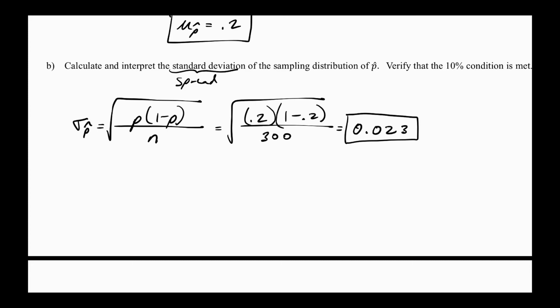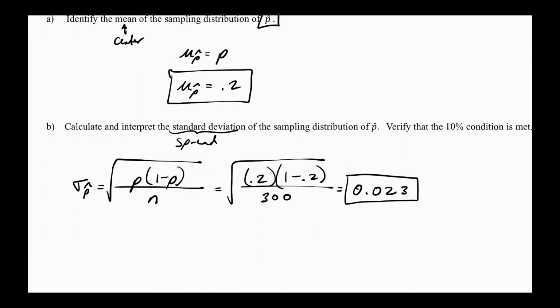A couple other things they've asked for, a couple other things we're going to go over. First thing they want is to interpret that. So we've got to interpret what that is. If we're interpreting standard deviation, it's the average distance of all of the data points from the mean, right? So we've got to talk about p hats.